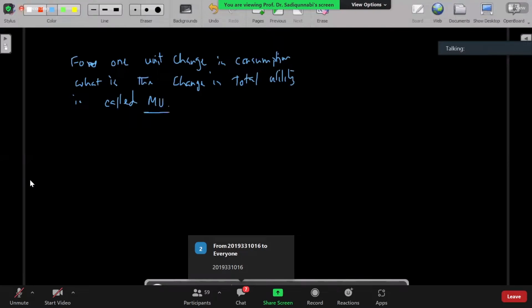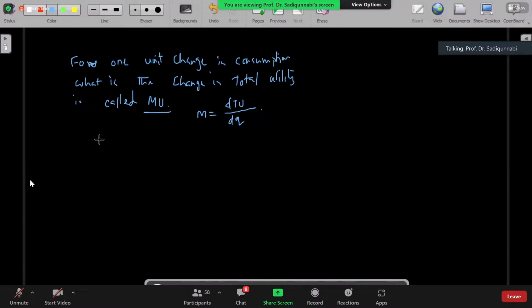You can write down the equation as marginal utility is d total utility divided by dq.